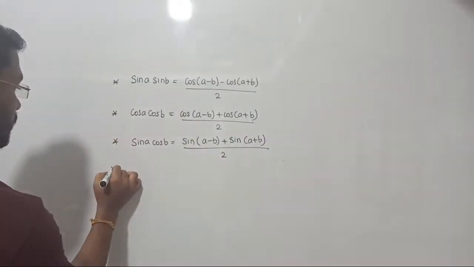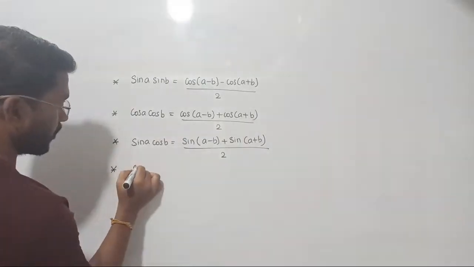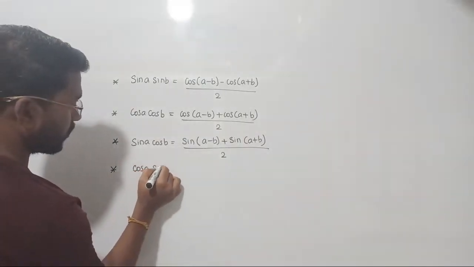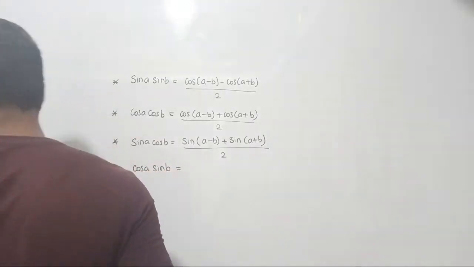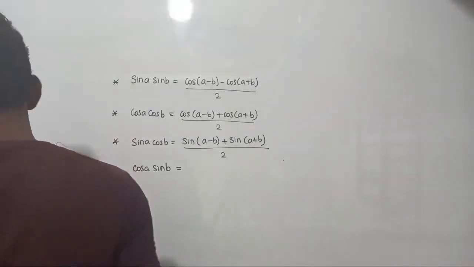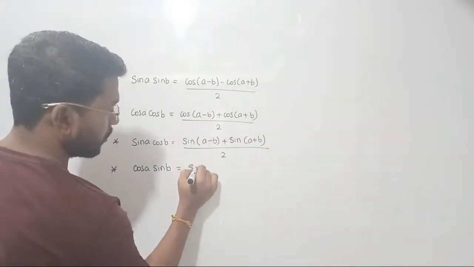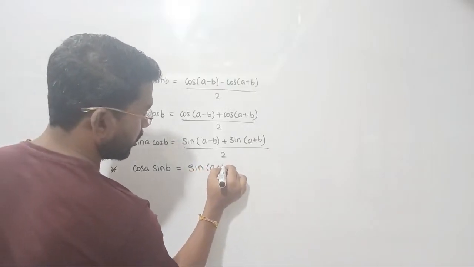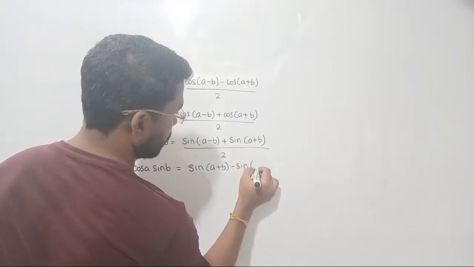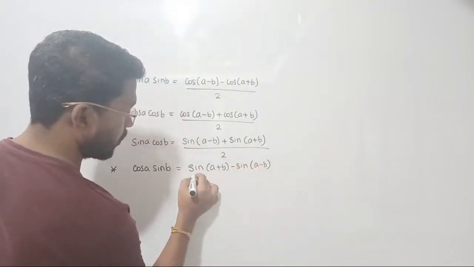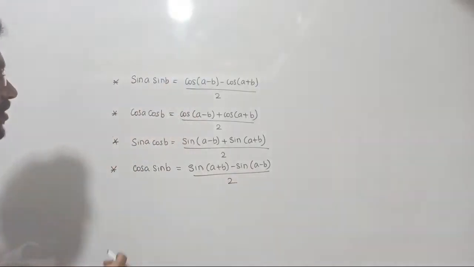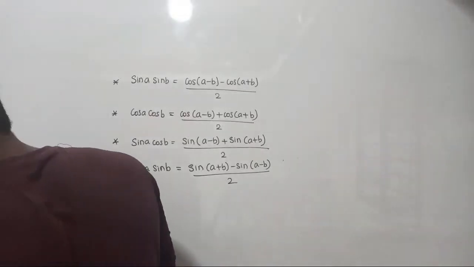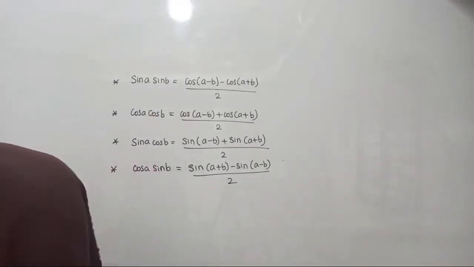Then cos a sin b, which is sin a plus b minus sin a minus b upon 2. Clear? Just keep these things in your mind.